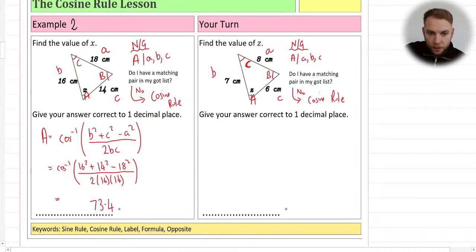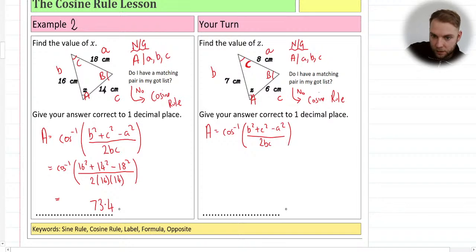Brilliant. So let's write down the cosine rule for the angle, which is cos to the minus 1 of b squared plus c squared minus a squared all over 2bc, like so. And this is equal to cos to the minus 1 of b squared, which is 7 squared, plus 6 squared minus 8 squared all over 2 times 7 times 6 there, like so.